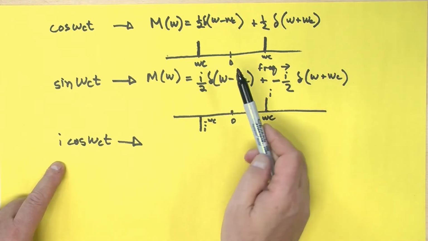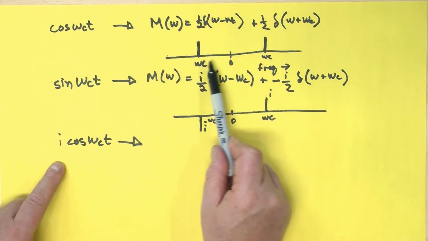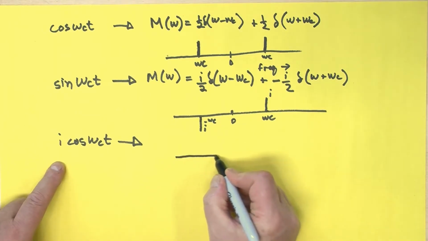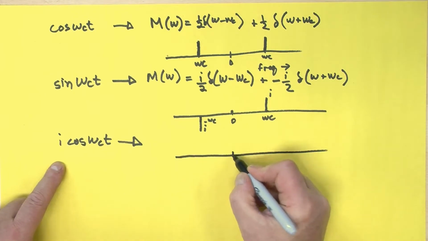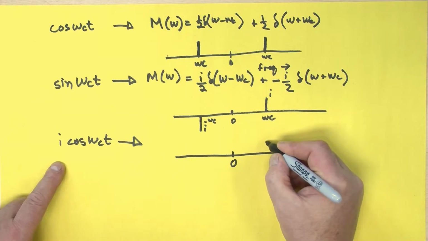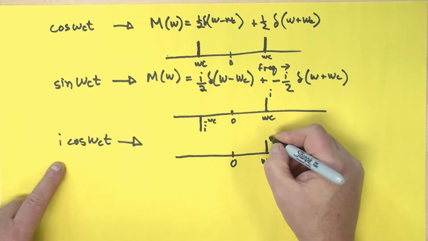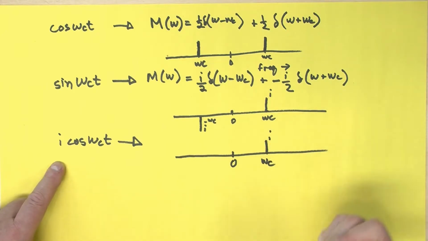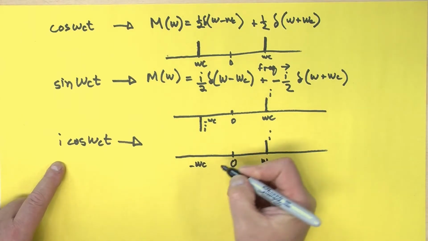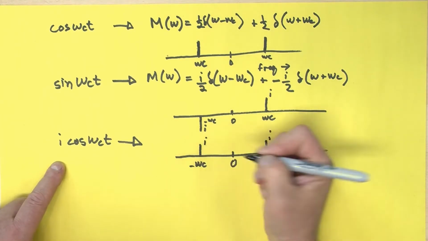That was simple. And we won't even bother writing the whole equation here. We'll just draw our spectrum, and our spectrum looks something like this. Again, our 0 is here, and then we have some value at omega c, and its value is in fact entirely imaginary. And we also have a value at minus omega c, and it's positive because that was positive, and it's also imaginary.